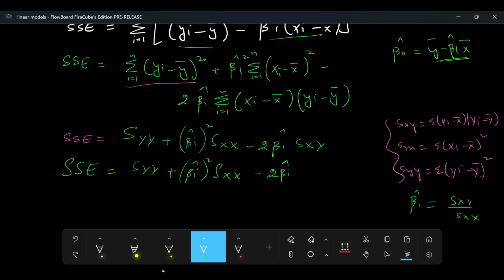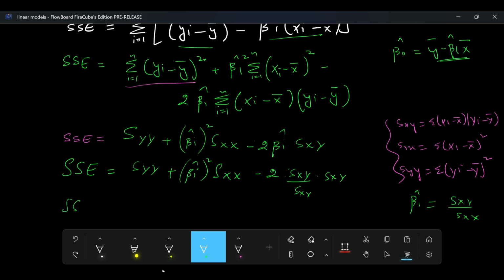Now, can I write this as, wait a minute. Let's write in place of beta 1 hat, SXY upon SXX into SXY. Clear?